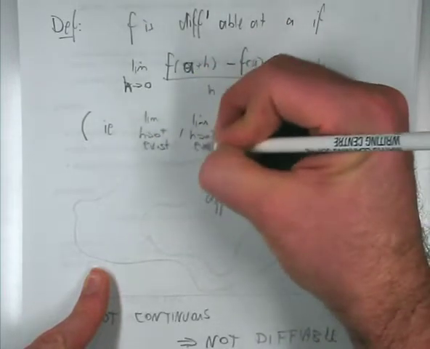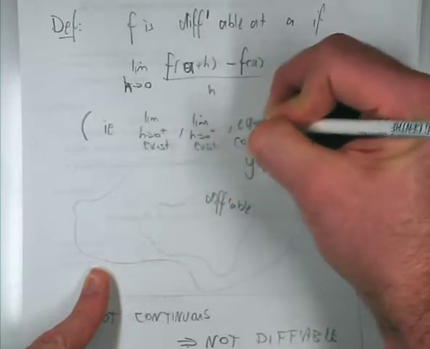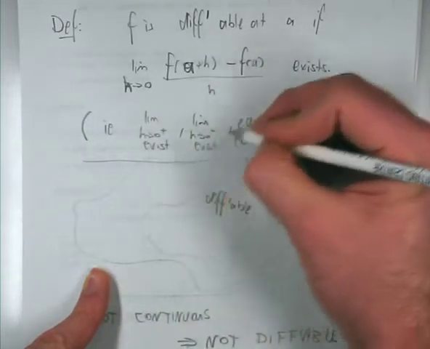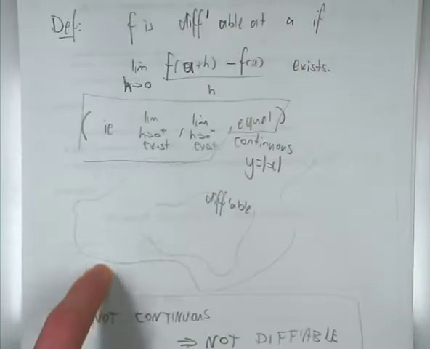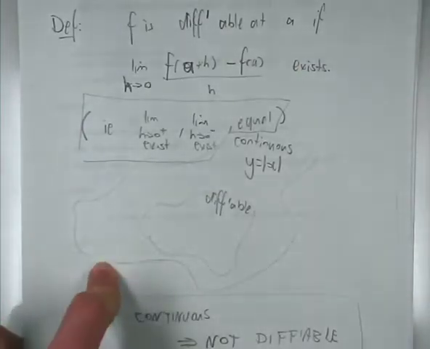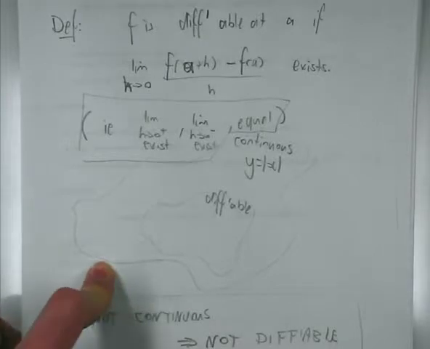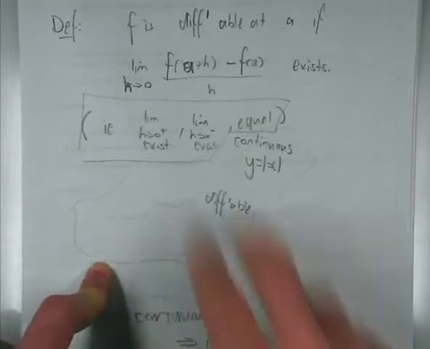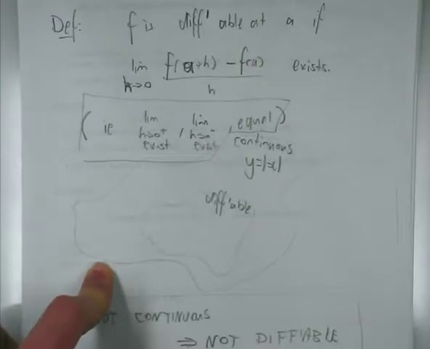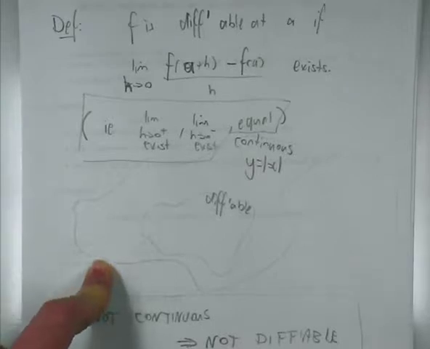That's what I need to be true for it to be differentiable. So I'm going to have to do all three. And I really have to do both of these because my function is different on both sides of 0. It's got a different formula less than 0 than it does more than 0.